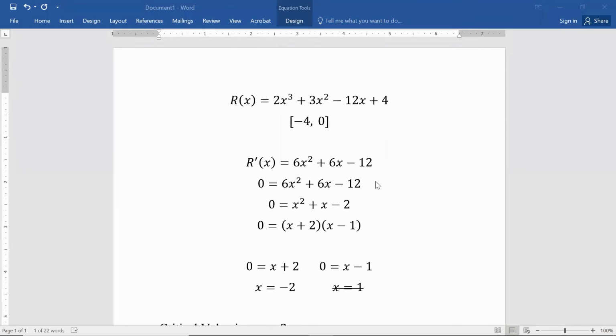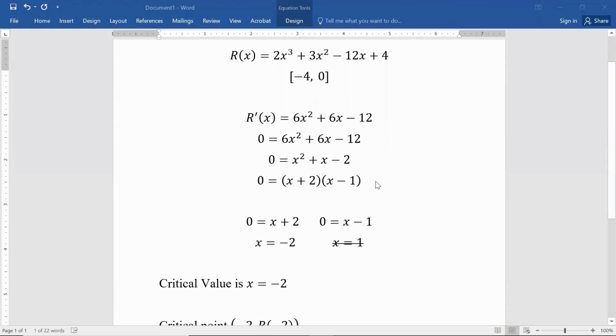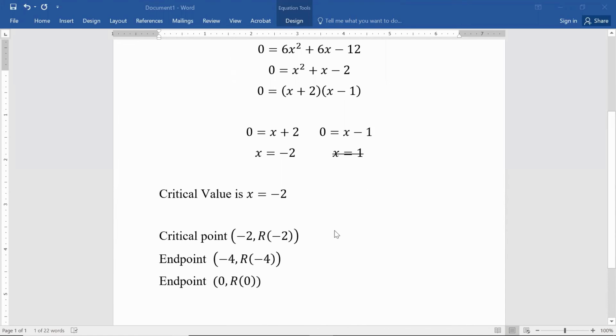I have gone ahead and done that. When I plugged in -2 into my function, I got an output which was 24. That means the critical point is (-2, 24).